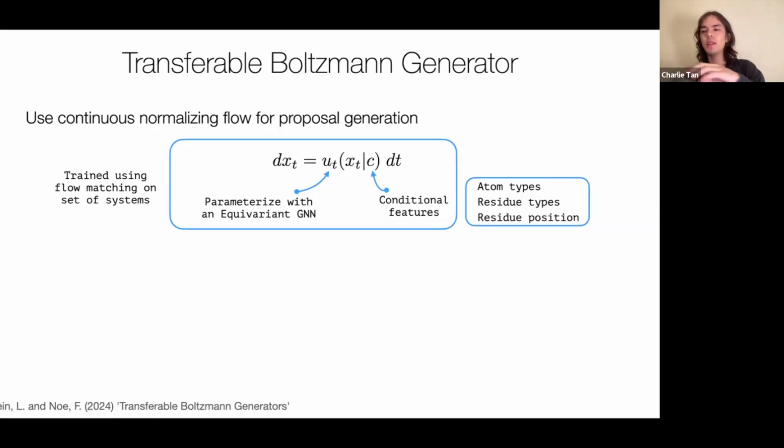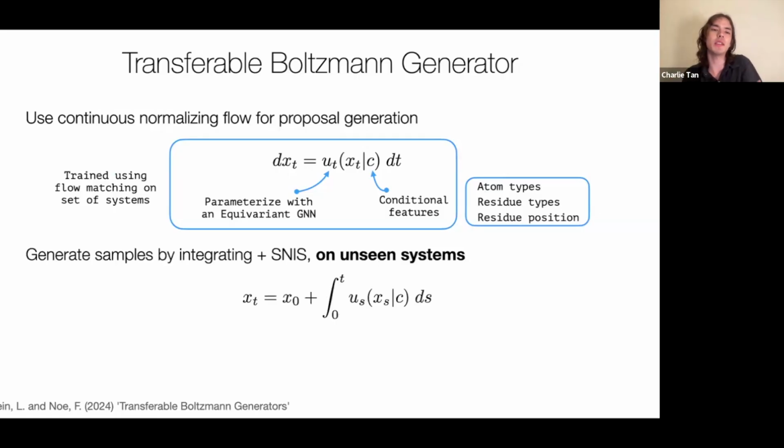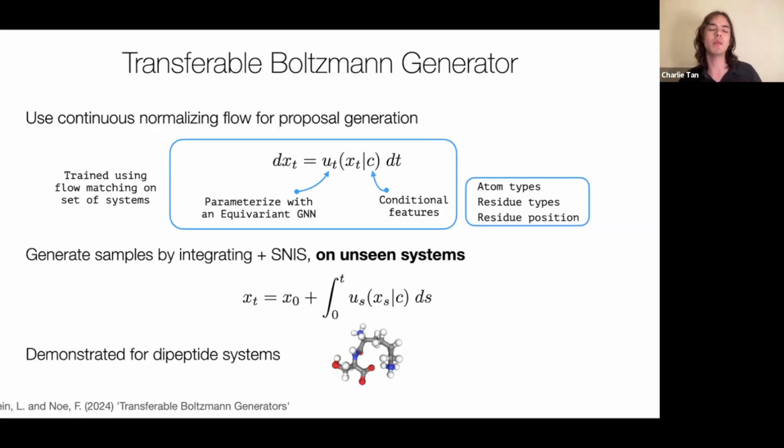After this pre-training phase, because the velocity field is conditional on the conditioning vector, you can actually generate samples by integrating and self-normalized importance sampling on completely unseen systems by just passing in a new conditioning vector that hadn't previously been seen. So this is a massive advantage towards the goal of achieving amortization. And they were able to demonstrate this on systems up to dipeptides, which range from about 20 to 50 atoms.